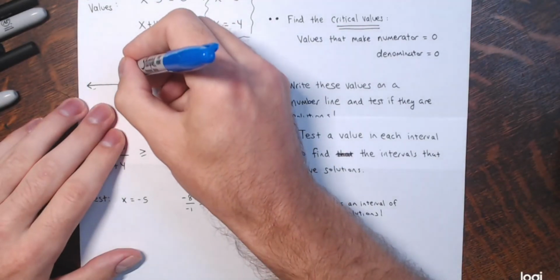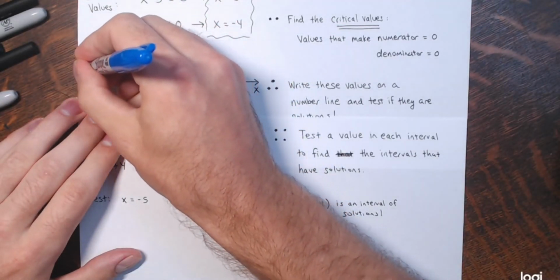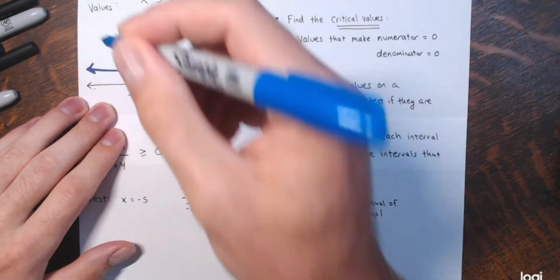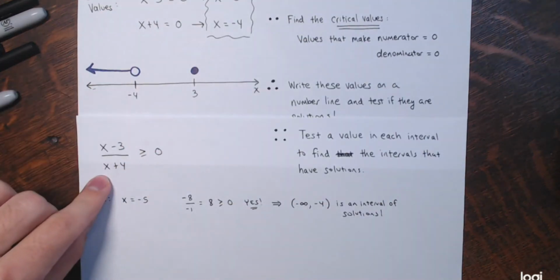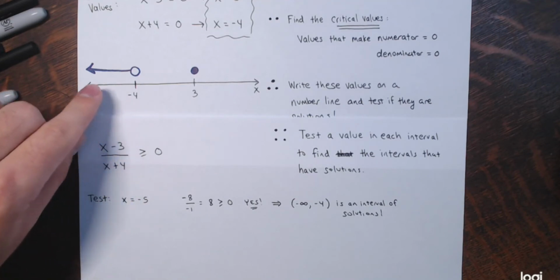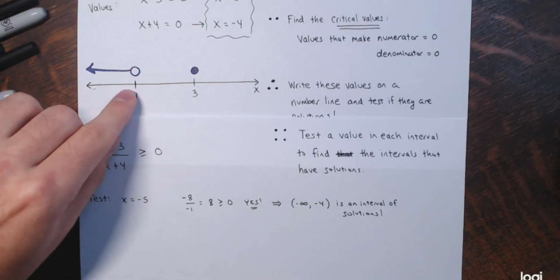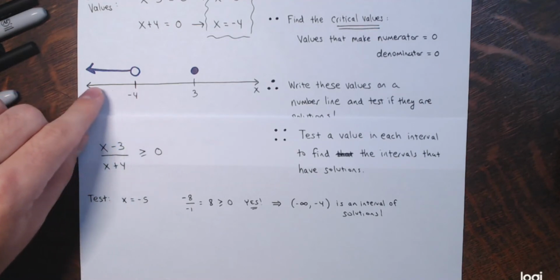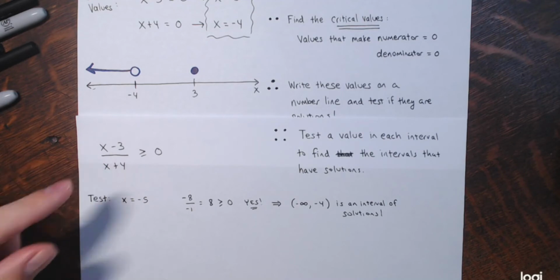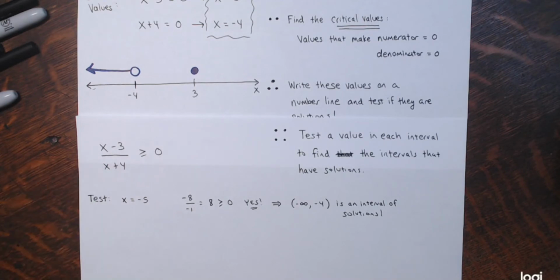All these numbers to the left of negative 4, I'll draw a little mark with an arrow, should make this inequality true. Negative 5, negative 6, negative 100, negative 4.1, anything. Go ahead and plug in anything to the left of negative 4, and it should make this true. I leave it to you to test other values if you wish.